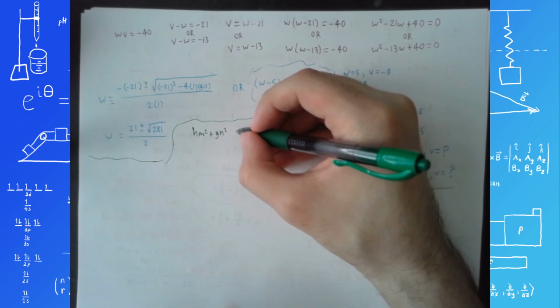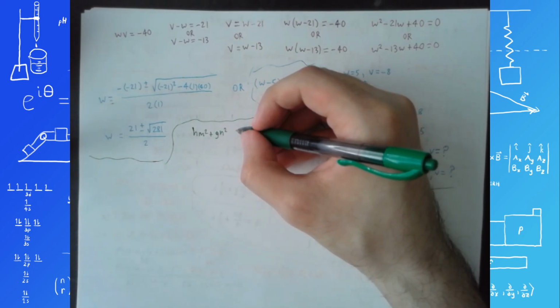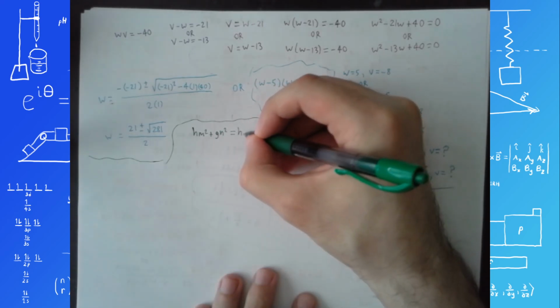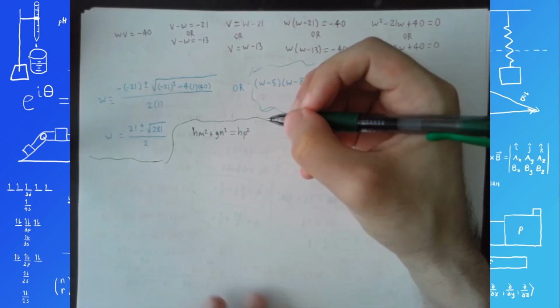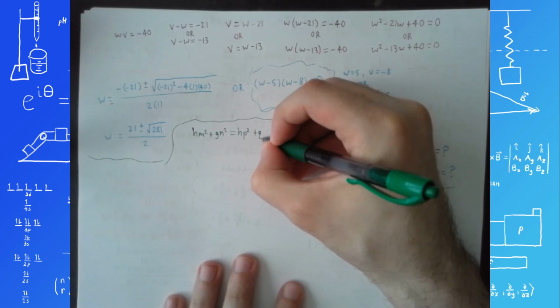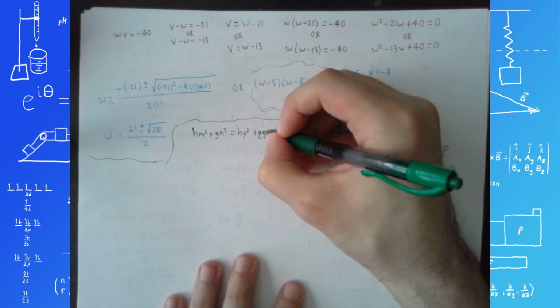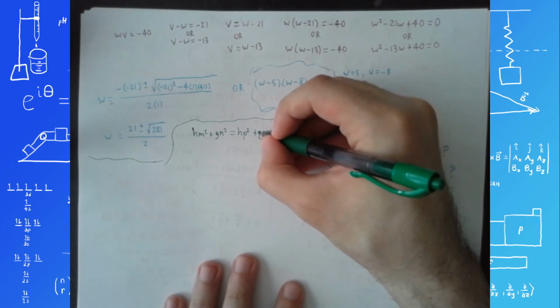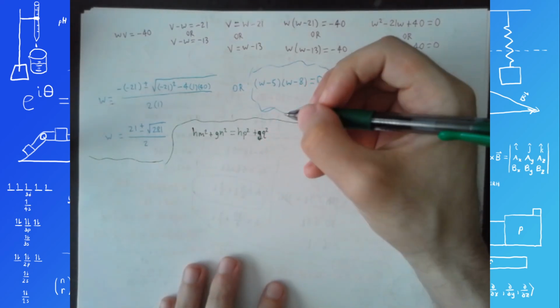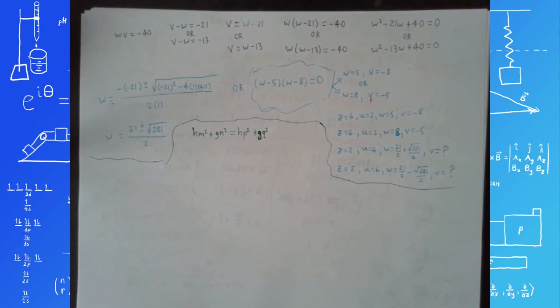This is based off of an equation that you will see in the momentum chapter. Equals hp squared plus gq squared. I need to make sure I carefully write my g's so that they don't look like q's, because they're kind of similar except for their tail ends.